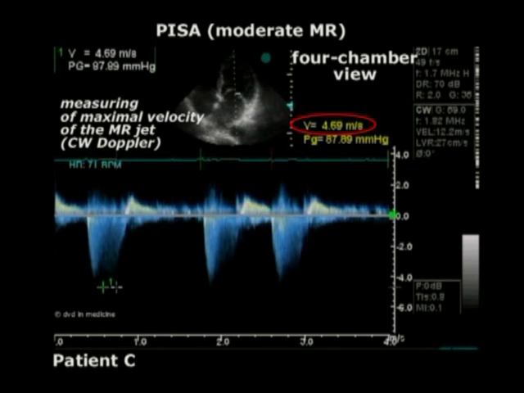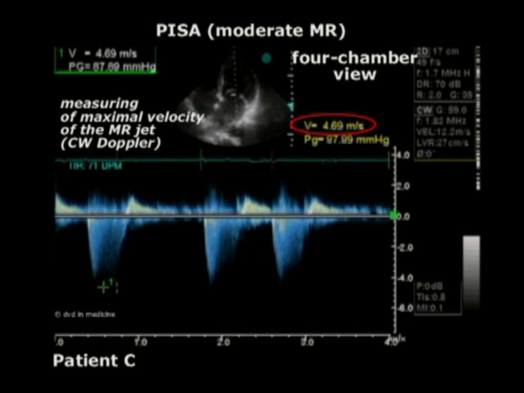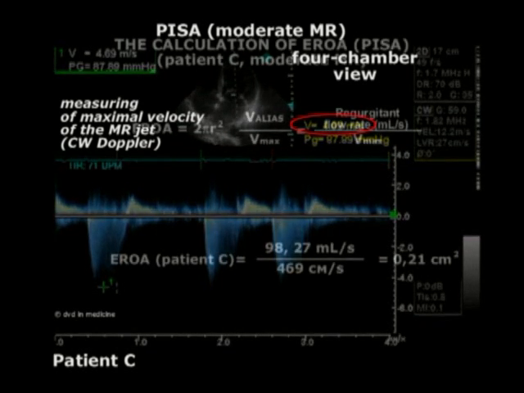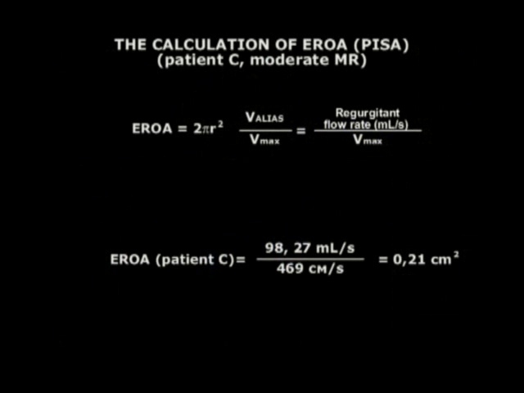Maximal velocity is around 4.7 meters per second. Effective regurgitant orifice area, 0.21 centimeters squared.